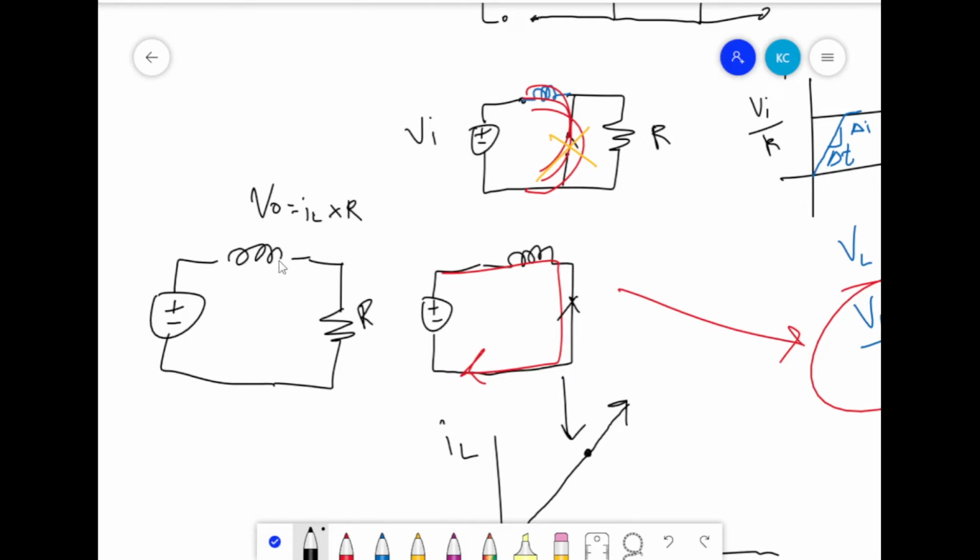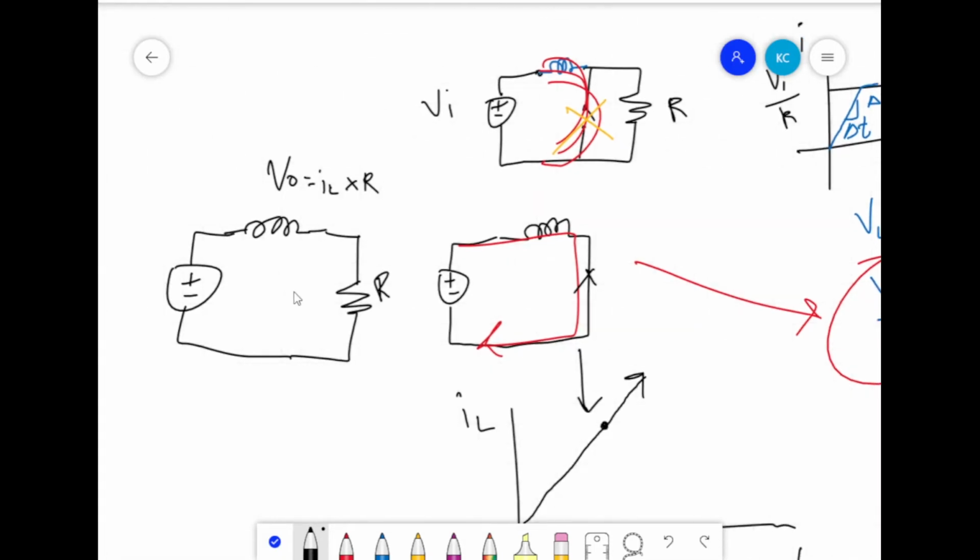I'm just going to draw this out here. So this is during the off period when this switch is open, and all of this current is just going to rush through here.